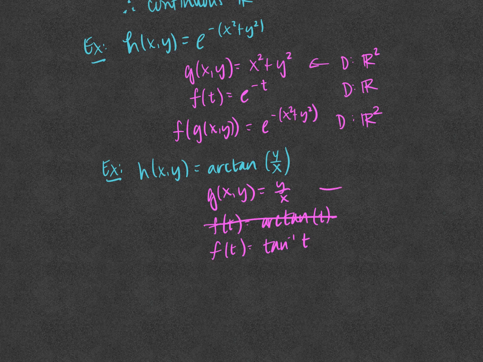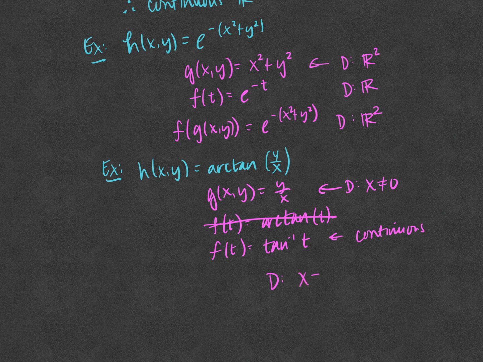Now, the domain here is x cannot equal 0. So let's say our domain here is x cannot equal 0, and this graph is continuous everywhere. The arctangent graph is continuous everywhere. So when you put these two together, the domain of this composite function is going to be everywhere except x equals 0.